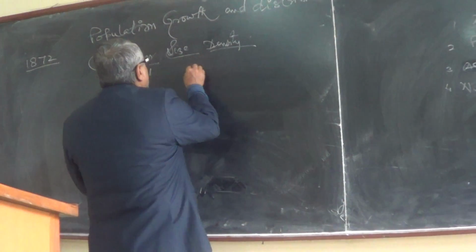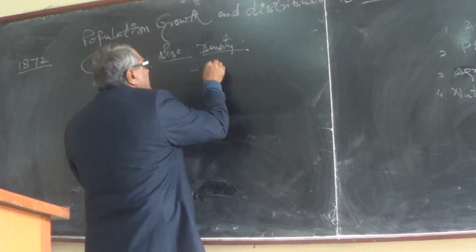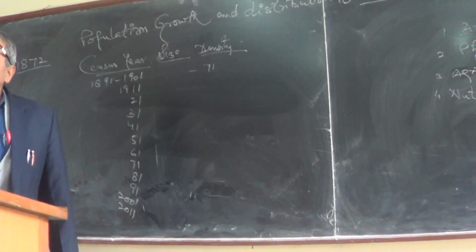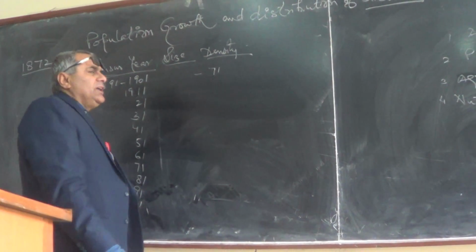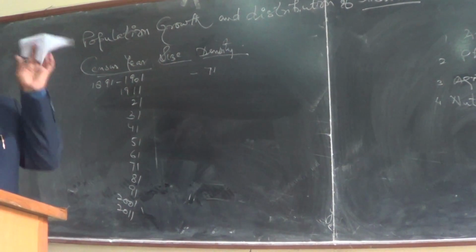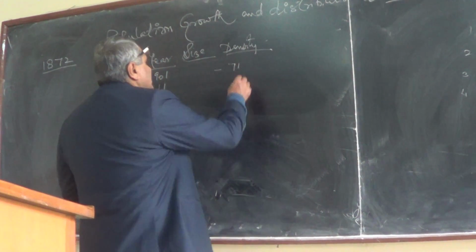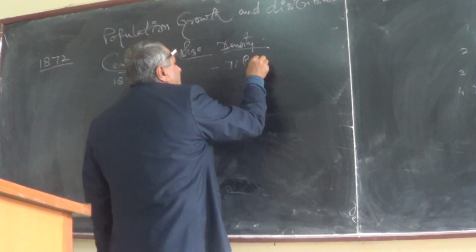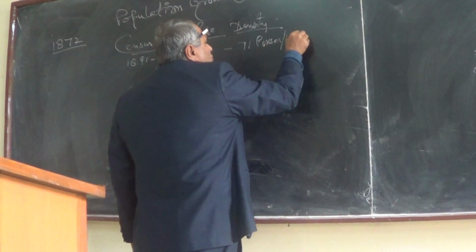In 1901 it was 71. This density means arithmetic density, average persons per square kilometer irrespective of occupation, agricultural or nutritional density. So it was 71 persons per kilometer square.